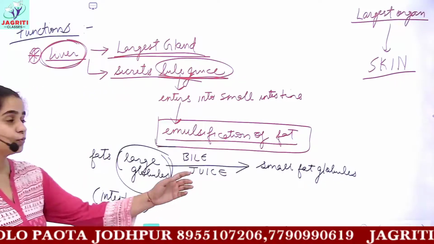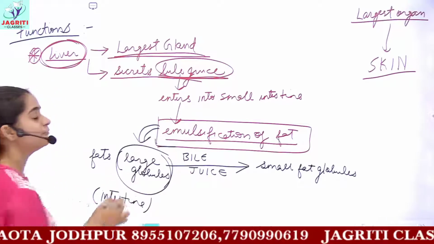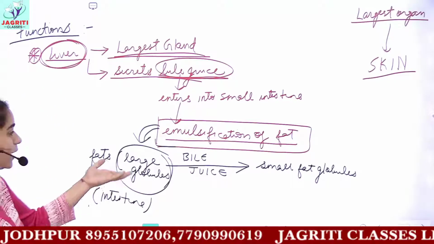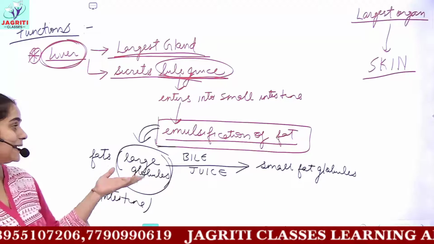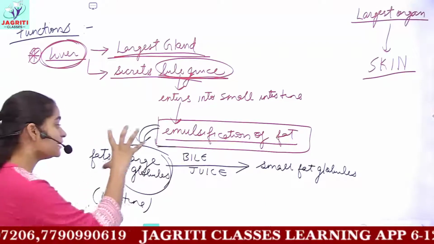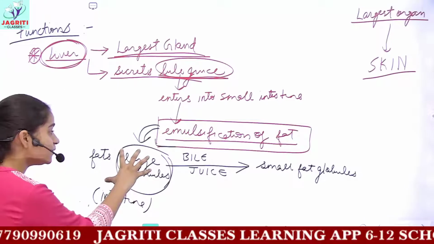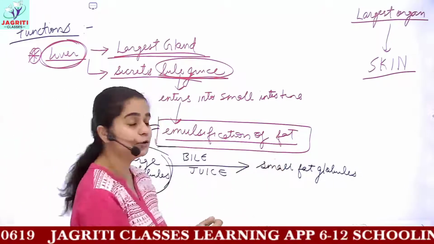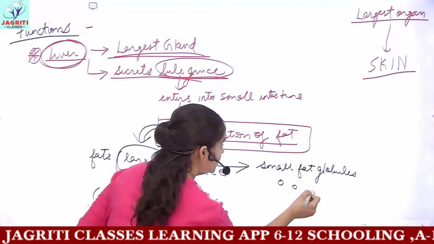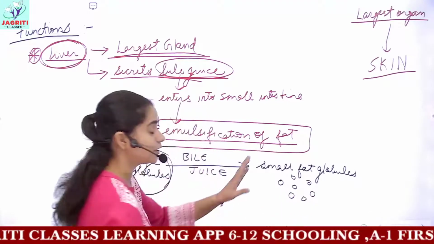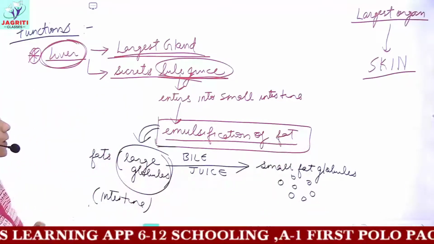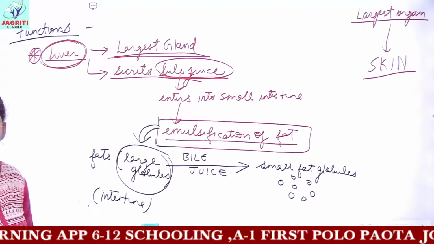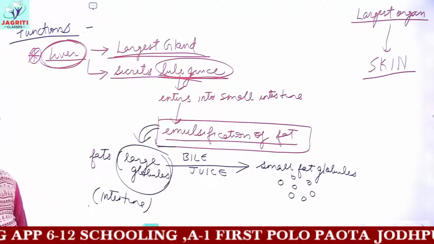This is the concept of emulsification of fat, and why this conversion is required I have already told you: enzymes cannot work on such large globules. So these fat globules need to be converted into smaller globules, so that enzymes can work upon them and break them into simpler forms. So this is the account of the liver and the emulsification of fats.